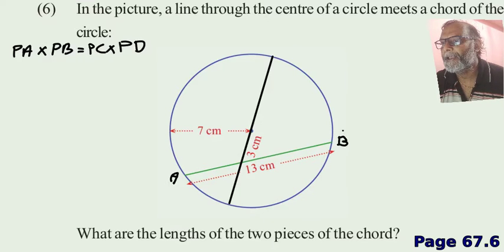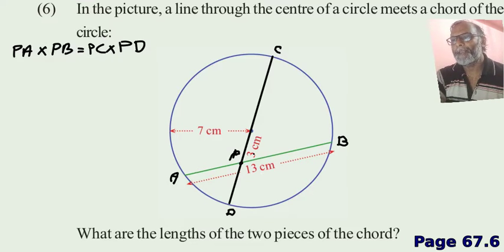This is A and this point is B. And this point is C and this point is D. And the point of intersection, that means this point is P. So we have PA, PB, PC, PD, all the four parts of chords here.